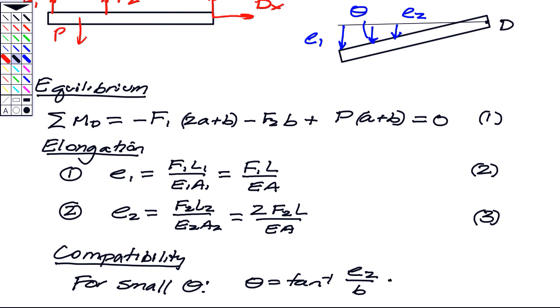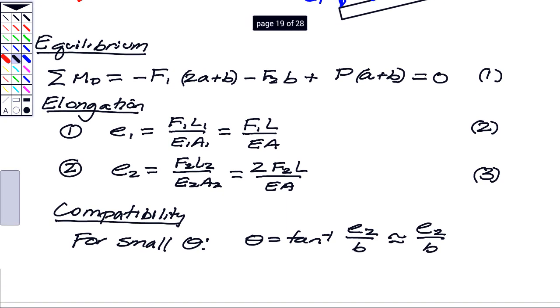So for a small angle, the tangent and the angle are one and the same. So this is approximately equal to e2 over b. I can also write down the same kind of equation to relate e1 back to the distance to point D.